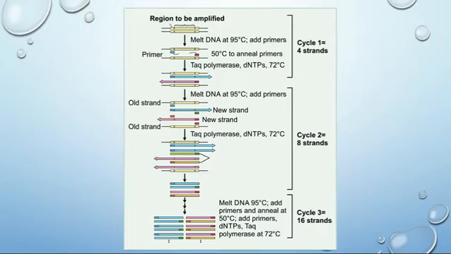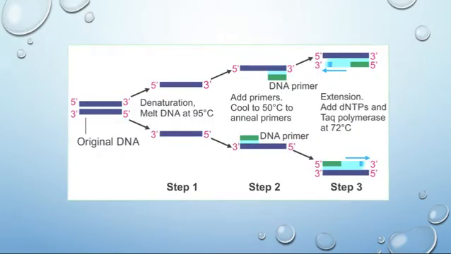So this is the whole process of PCR. We'll sum up the whole process once more. The 2 DNA strands are denatured and separated. This leads to 2 separate DNA strands, at around 95 degrees centigrade.